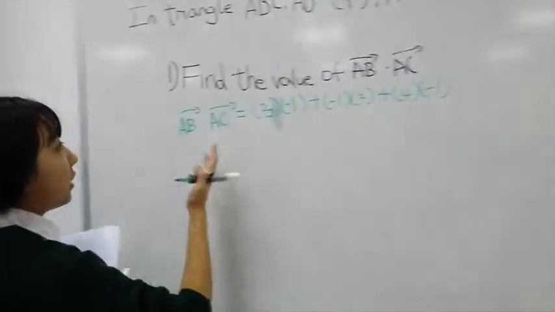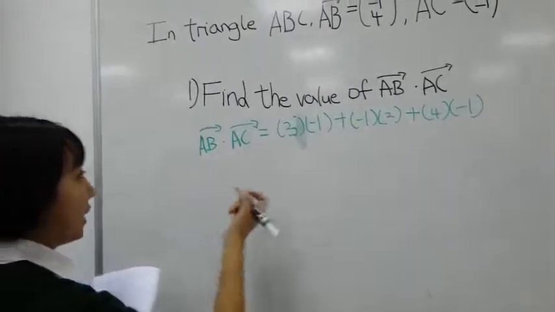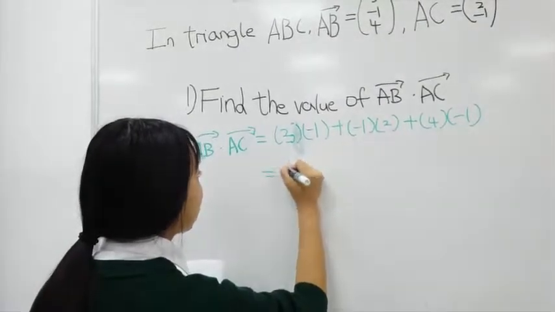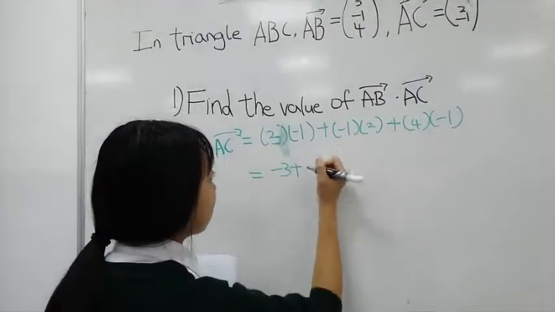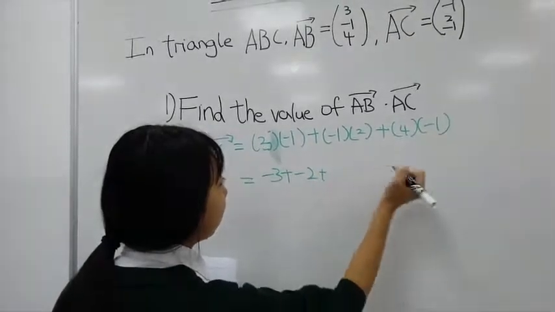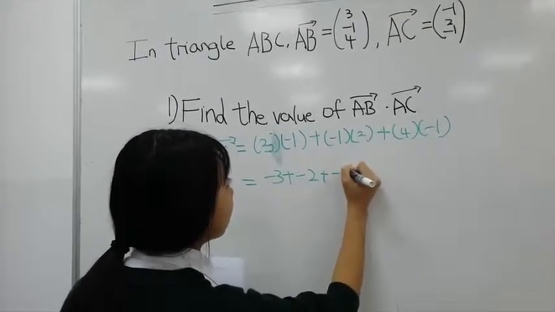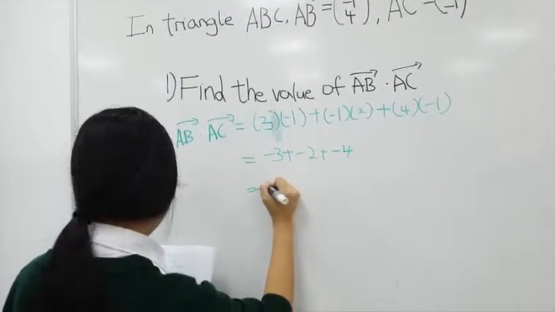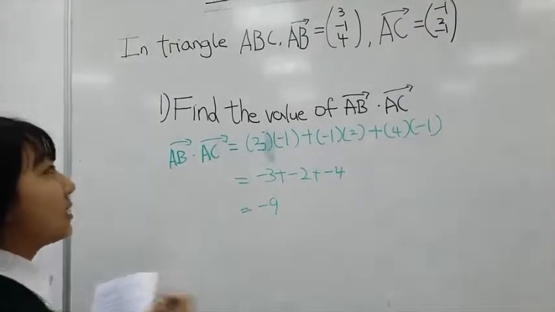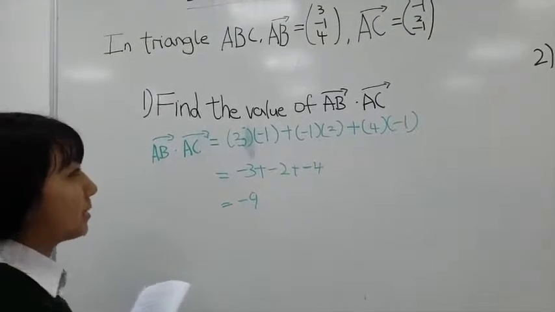This will give us the value of vector AB times AC. 3 times minus 1 is minus 3, plus minus 1 times 2 is minus 2, plus 4 times minus 1 is minus 4. And this gives us minus 9. And here is the answer for vector AB times AC.